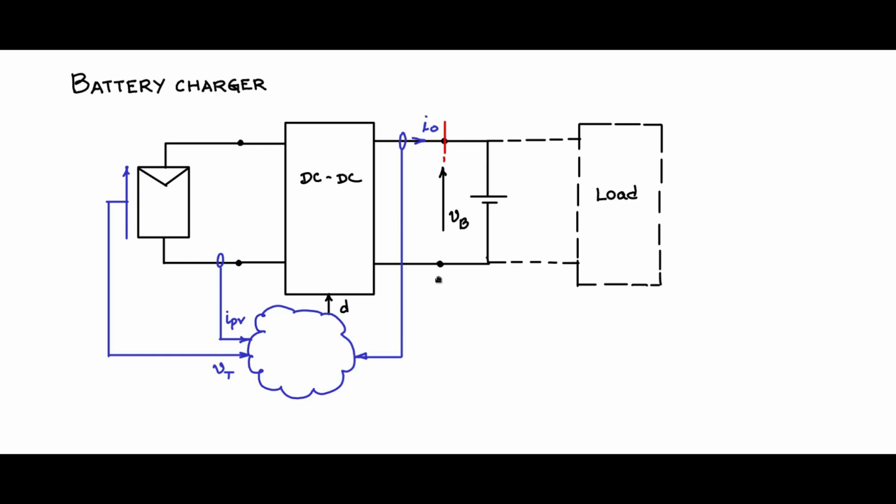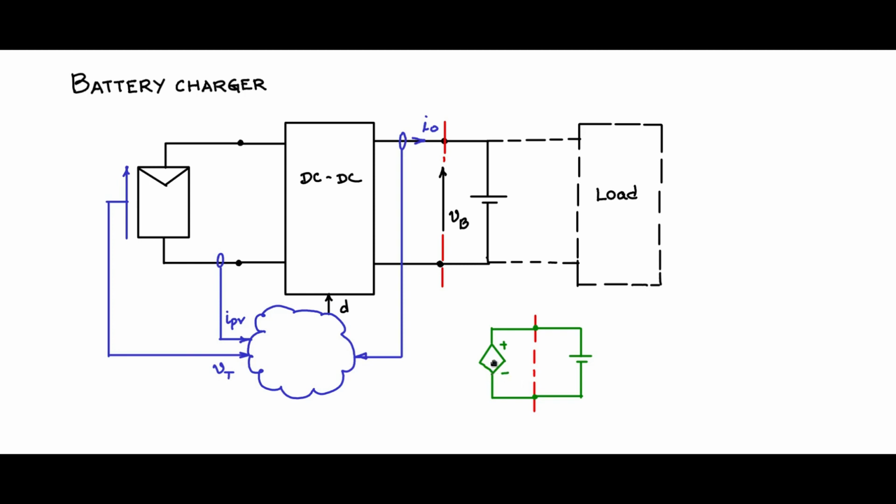Let us consider this boundary here, the terminals of the DC-DC converter to which the battery is connected. Now normally if you consider these terminals and the battery is connected here, all this portion, the PV source and DC-DC converter, can be considered as a controlled source. Let us say it's a controlled voltage source, plus and minus like this.